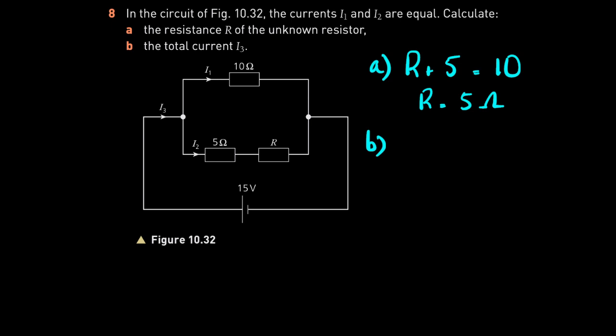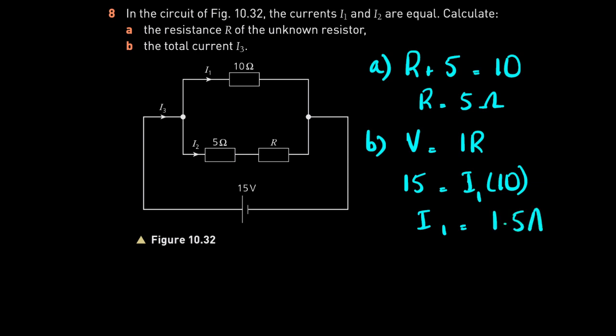So what we can do is find I1, because we know the voltage across this is 15. So V equals IR, 15 equals I, so this is basically I1 we are finding, times 10. So I1 would be 15 upon 10, which is going to be 1.5 amperes, right? So we know that by the statement given initially, that means that I2, which is also I1, would be 1.5 amperes.